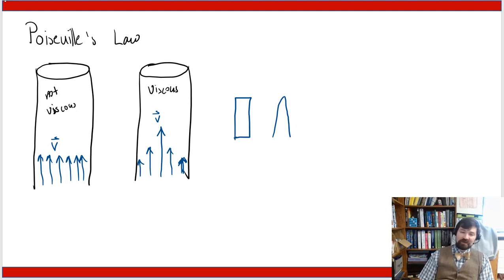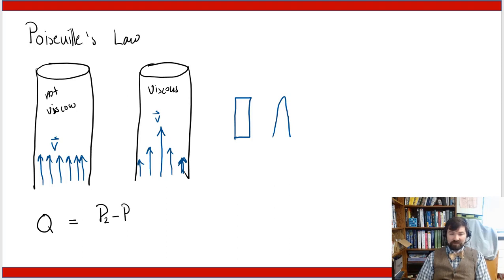Okay, so what Poiseuille's law says is that for a viscous fluid, the volume flow rate, big Q, remember this is volume per unit time, is going to be the pressure difference between the two ends of the tube divided by what's called the resistance of the tube to flow.